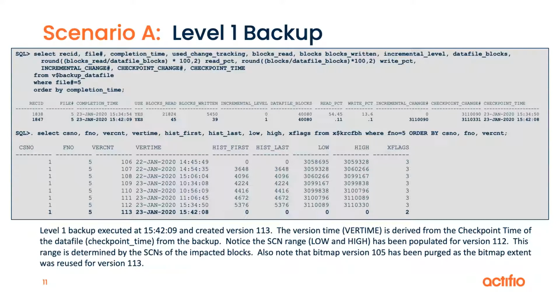You notice it read more blocks than it wrote. But remember, it's got to read that whole 32K chunk, and it's only going to write out the blocks within those chunks that have changed. In this case, I'd updated 38 blocks. The other block is obviously the file header. Now, as we look at the $X view, you can see I generated version 113.